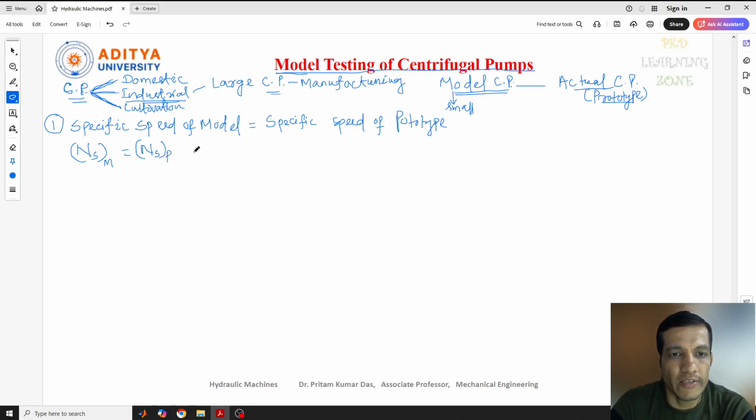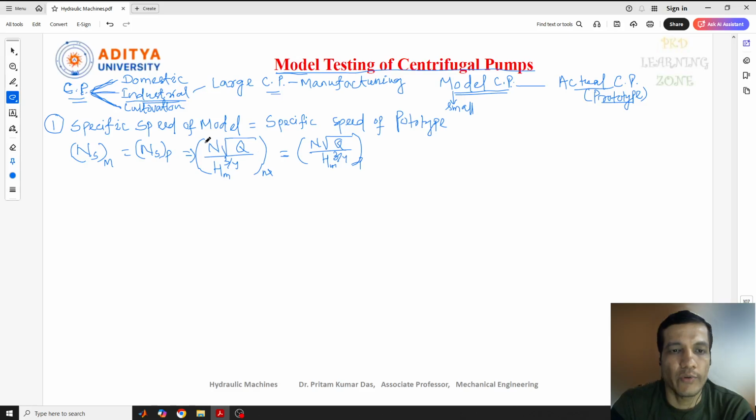The formula for this we have seen in the last video lecture, if you remember: Ns = N root Q divided by Hm to the power 3/4. This is for the model, and it should be equal to that for the prototype also. The prototype formula will also be the same.